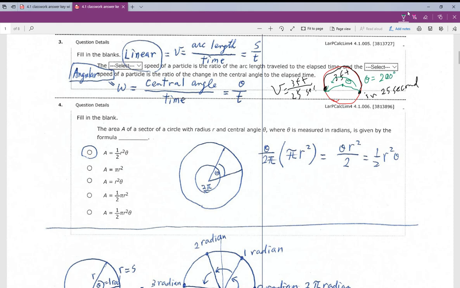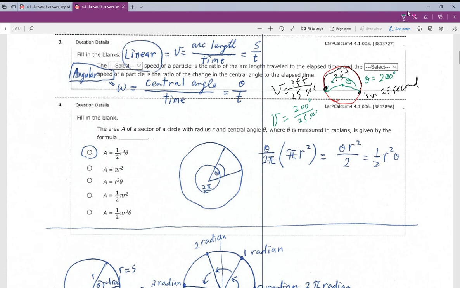So if we measure by the central angle, the speed is 200 degrees for 25 seconds. In 25 seconds, this particle moves 200 degrees.